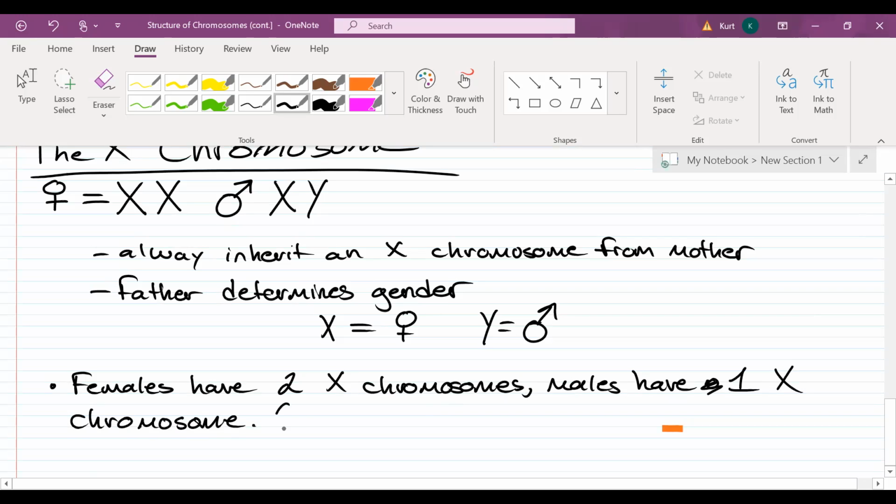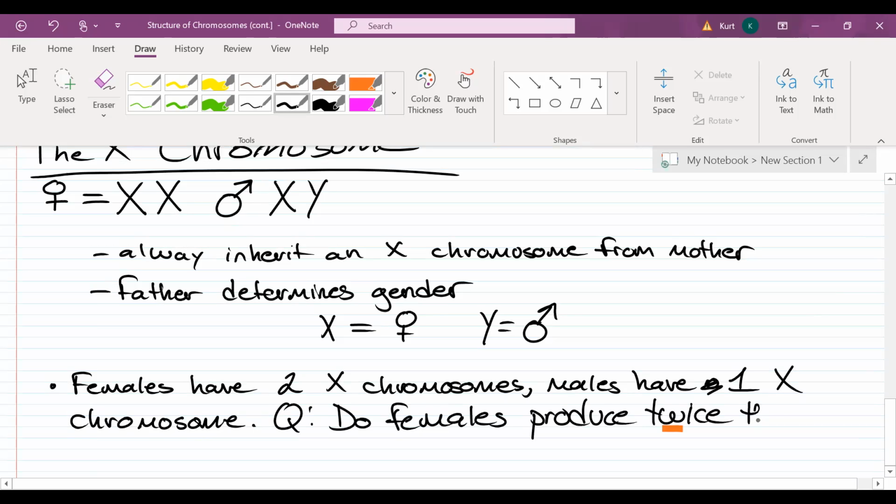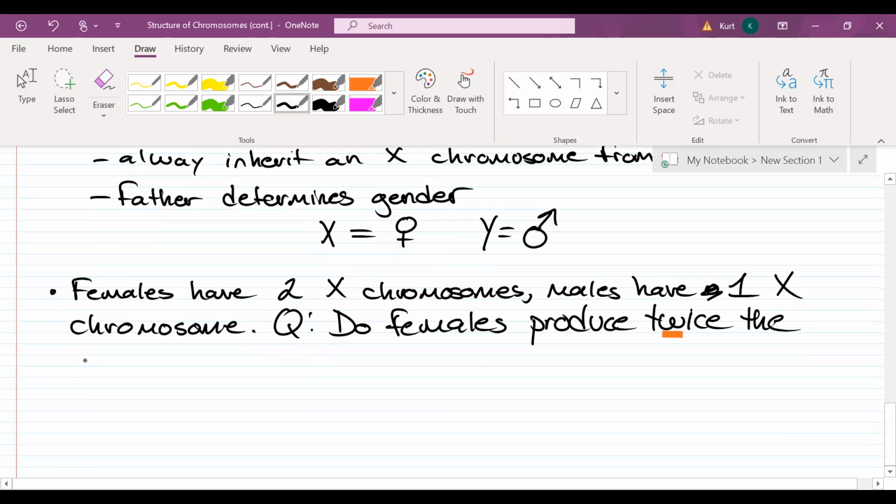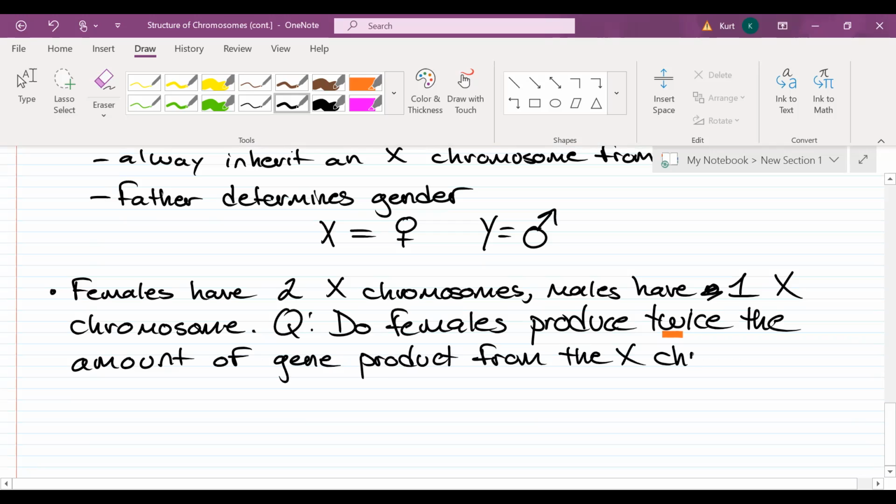So here's our question. Do females produce twice the amount of gene product from the X chromosome than males?